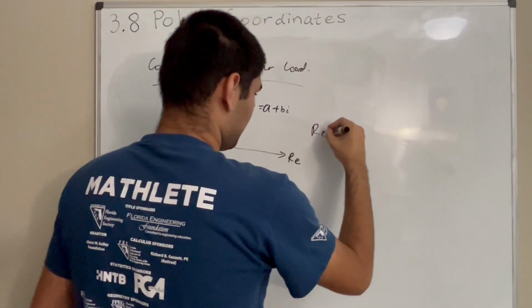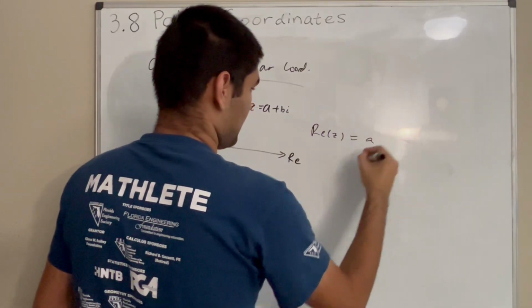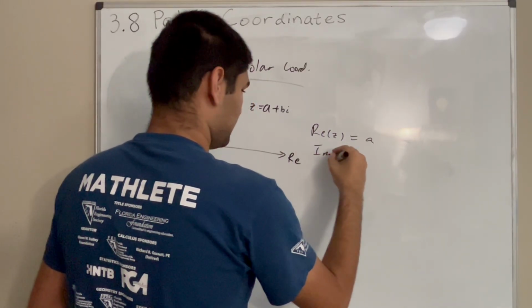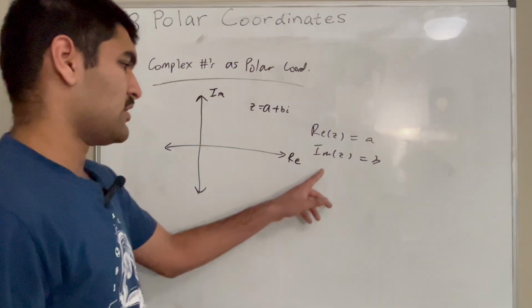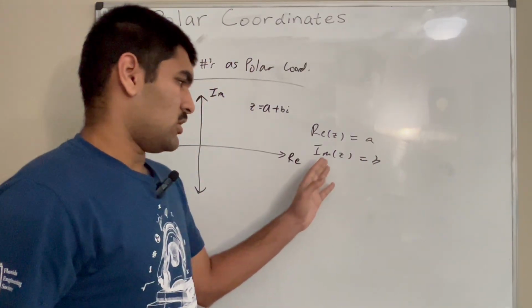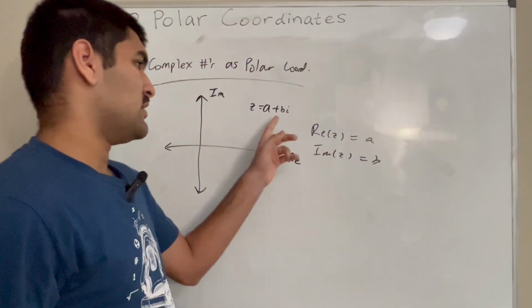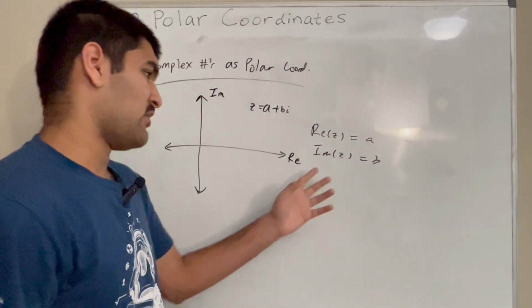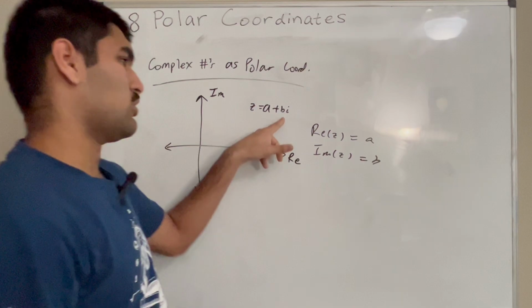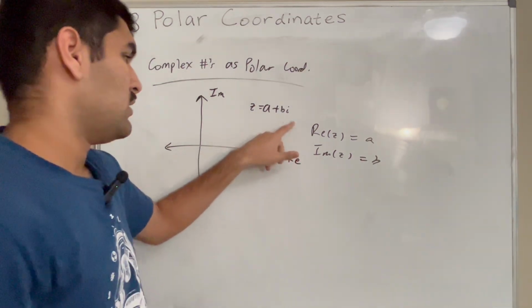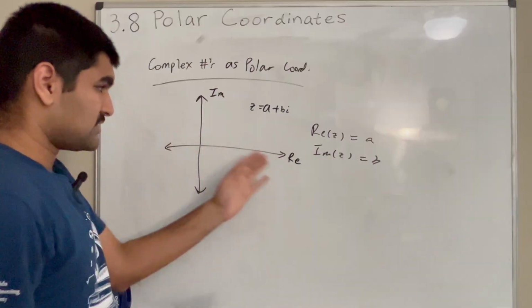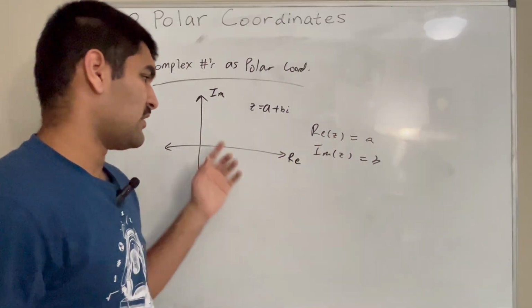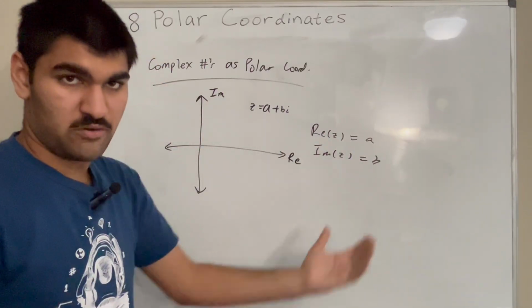So then the real part of z is equal to a, and the imaginary part of z is equal to b. So this is a common point of confusion, right? Because some people may think that the imaginary part of z is bi, but that's incorrect, right?